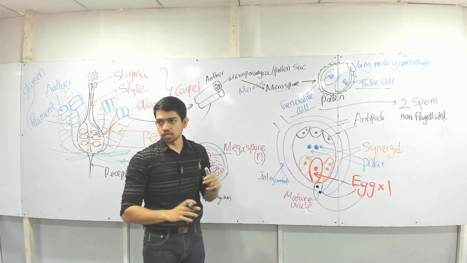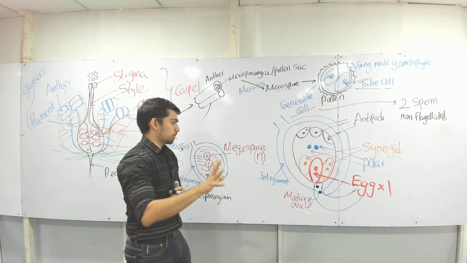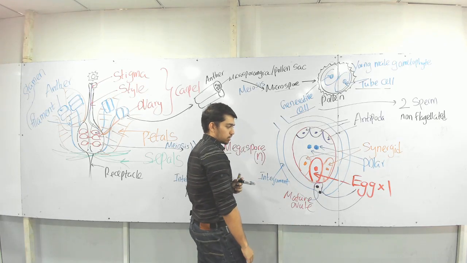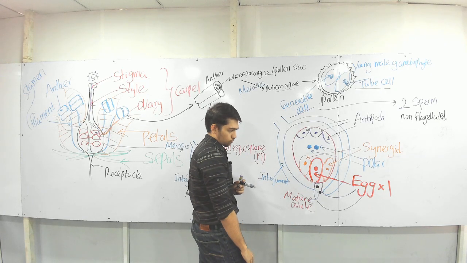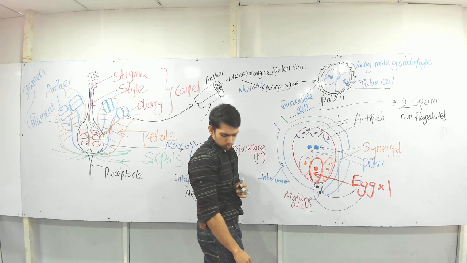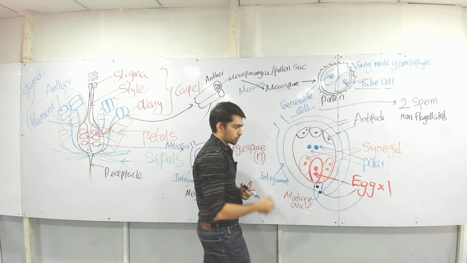There's no challenge of travelling through water, right? So no need to be flagellated at all. The sperms will be delivered to the egg by the pollen tube. But we have two sperms, right? So what are we going to do with the two sperms? There's only one egg.